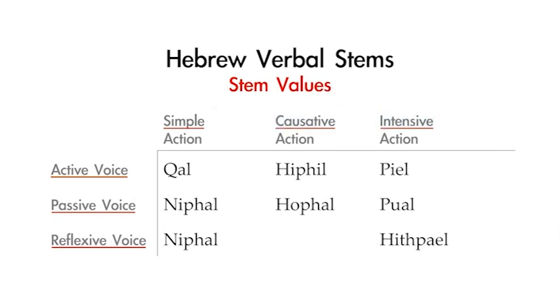And so these stems are arranged in such a way as to encode particular types of information for the verbs. So is it a simple action with an active voice or a simple action with a passive voice? Is it a causative type of action with an active or passive voice? Or an intensive action with an active or passive voice? That's how these stems work. Now, there's nothing like this in English, and so it's going to be interesting for you to see how this unfolds in a language like Hebrew.